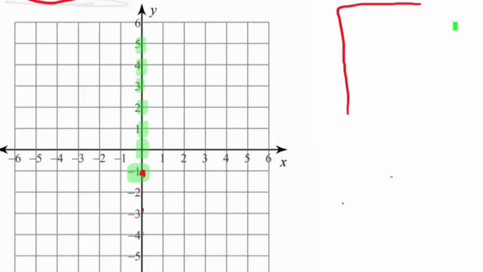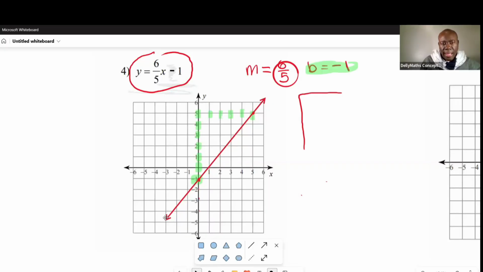And then we're going to go to the right 5. 1, 2, 3, 4, 5. So this is my second point right here. So all I want to do at this time is just to grab my ruler, and draw me a straight line through those 2 points. And there I would have graphed the line y is equal to 6 over 5x minus 1.